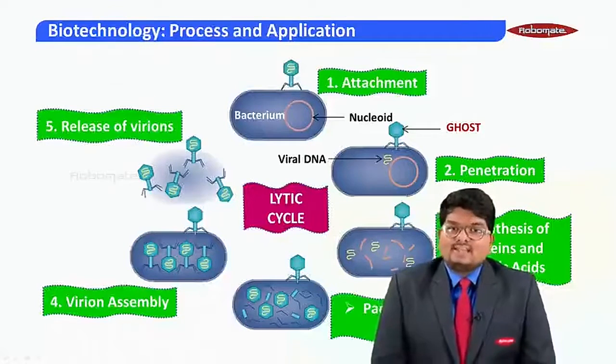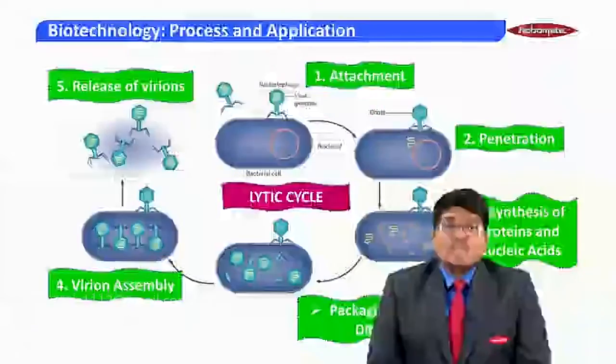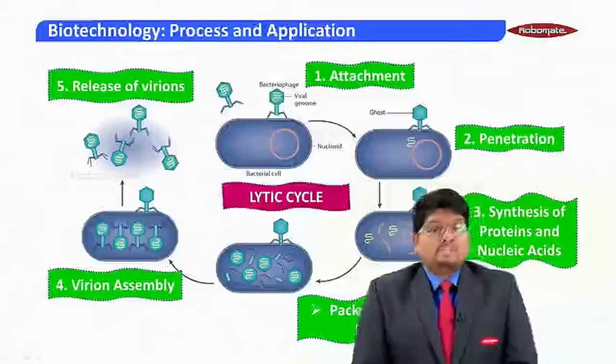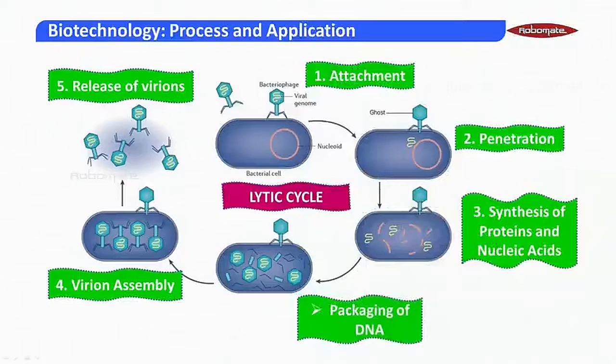So that is the lytic cycle. And now let us take a look at the lytic cycle on whole. So here we have attachment, then we have penetration, then we have synthesis of proteins and nucleic acids, then we have packaging of DNA, then we have virion assembly, and finally we have the release of virions. So that is the lytic cycle, my students.